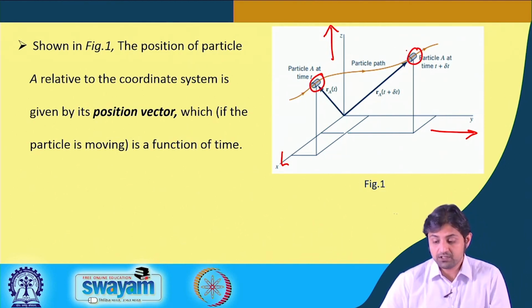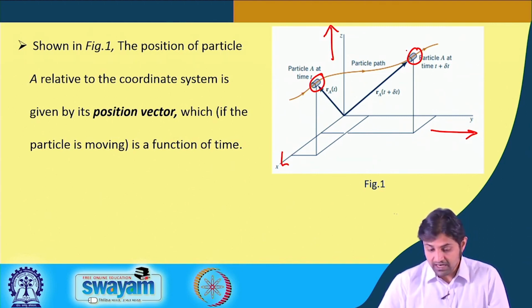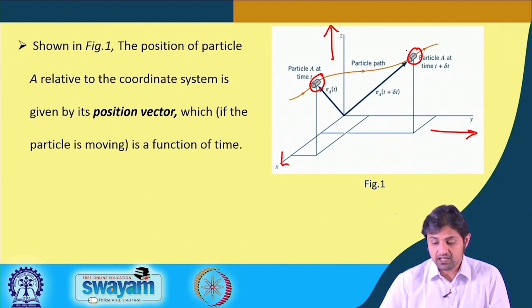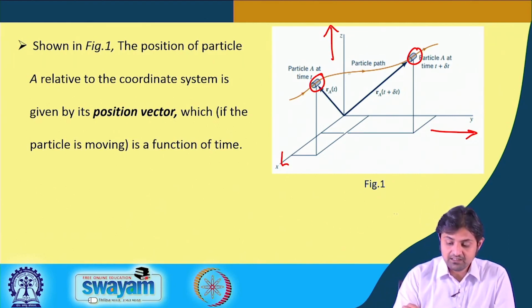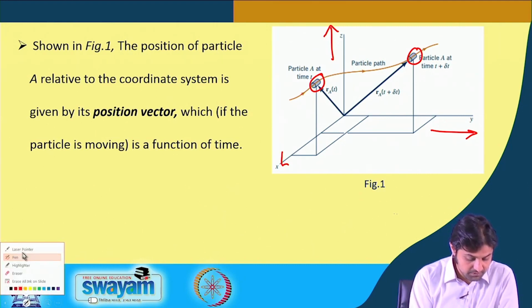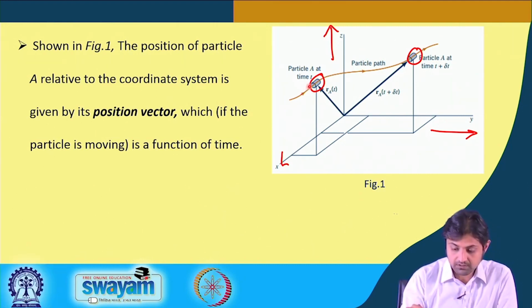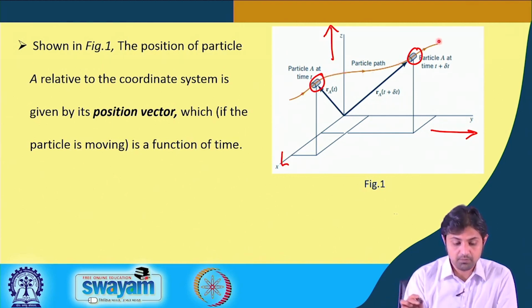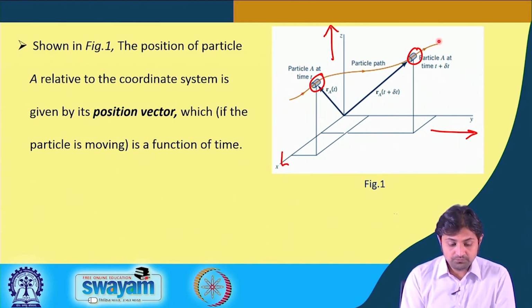These particles are the same particle, but at two different times, at time t and at time t plus delta t, and this red line here represents the particle path. So, this one here is the particle path.